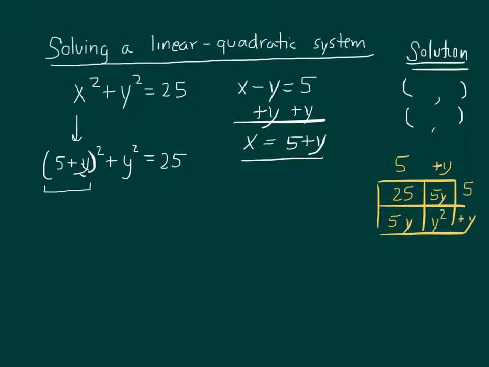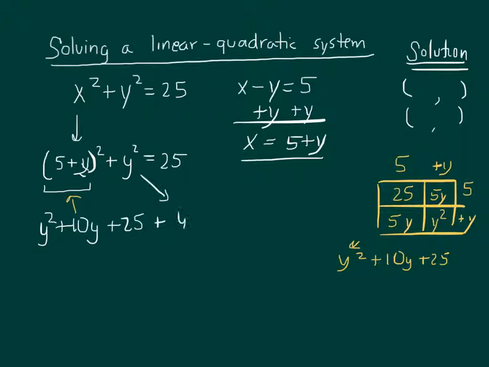So in the end, what we have here is y squared plus 10y plus 25, and that's the work on the side, and that's going to lead back into what we have over on the left. So we're going to write this as y squared plus 10y plus 25 plus this y squared that we had equals 25.